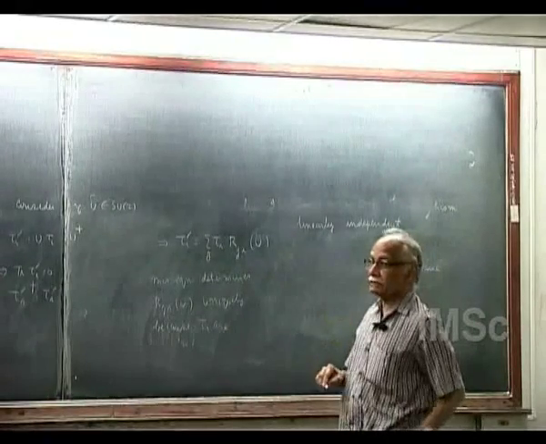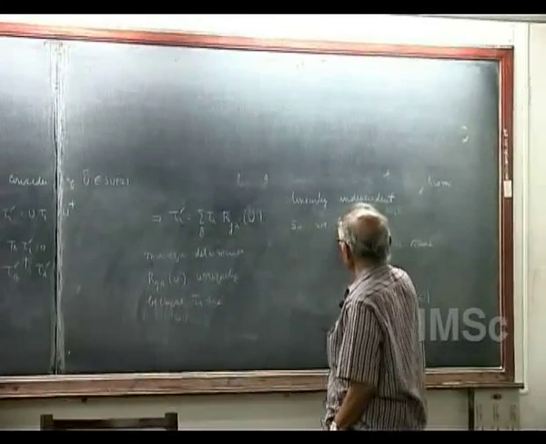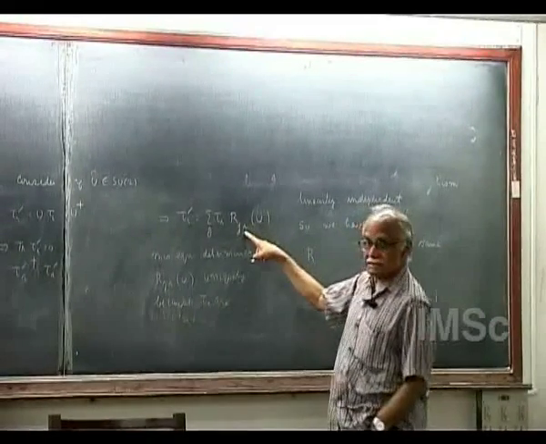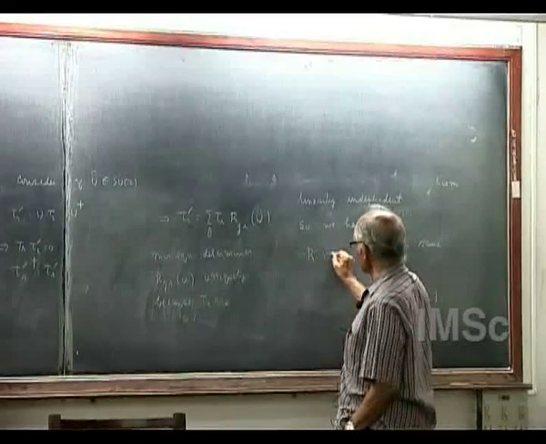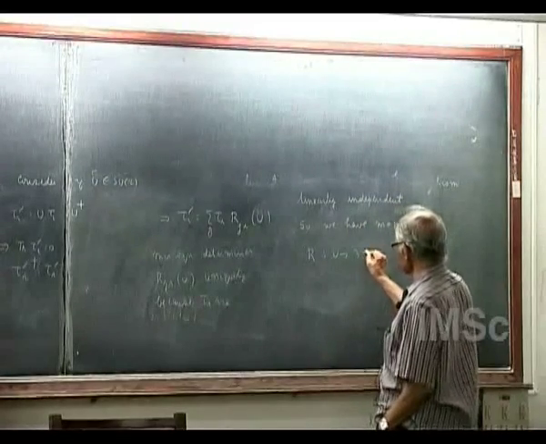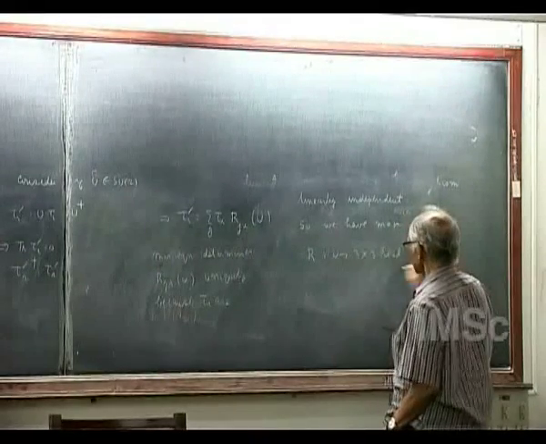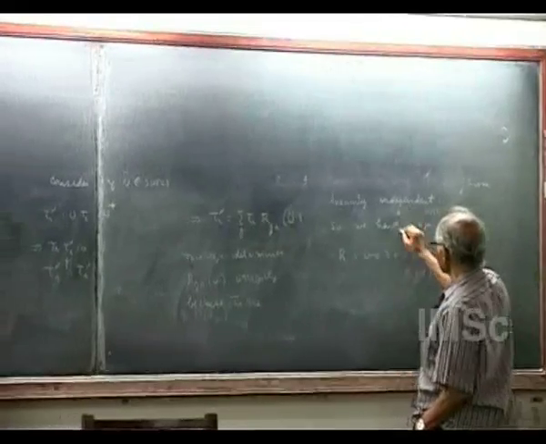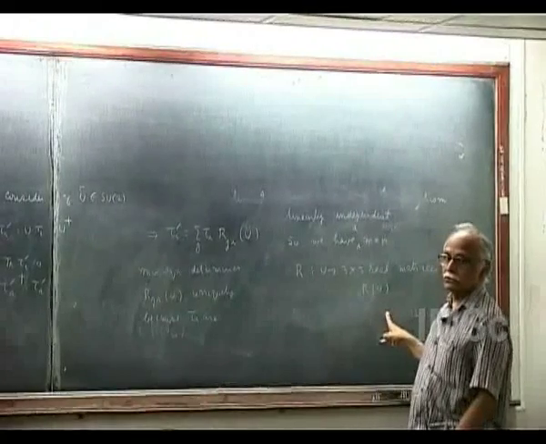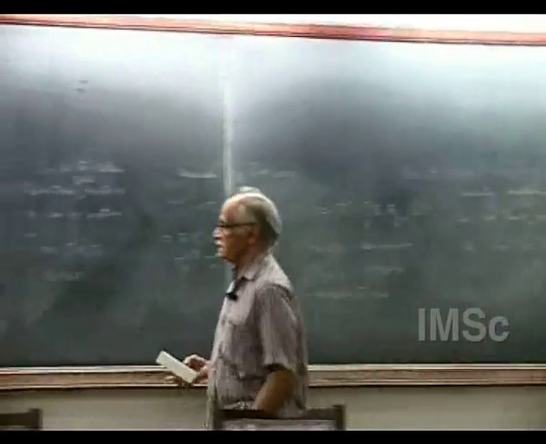So we have a uniquely determined map R. Notice that this is a 3 by 3 matrix, from U to 3 cross 3 real matrices, R of U. I determine a 3 by 3 matrix uniquely from the given U. Now it is this mapping R we have to understand.